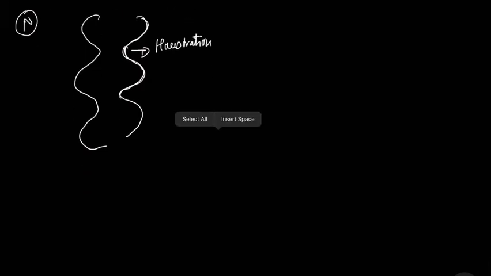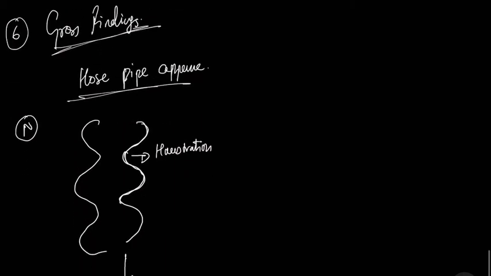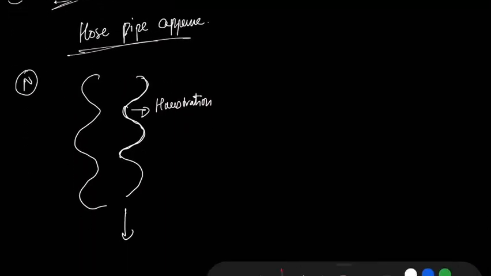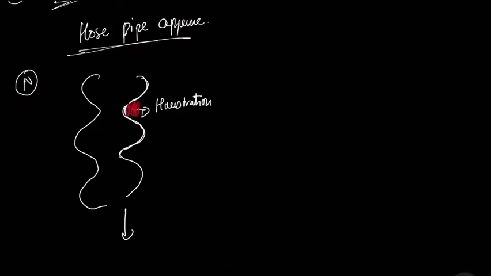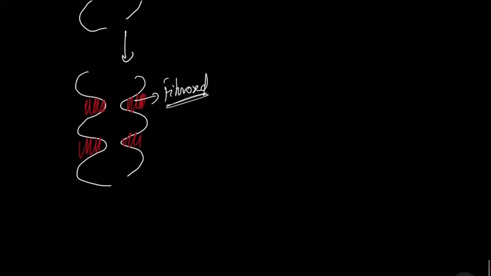So what happens in Crohn's is that these haustrations undergo fibrosis. So there's healing by fibrosis. We read that here. So what happens is that you start getting these fibrosed. Now because of the fibrosis, we get the appearance of a hose pipe.